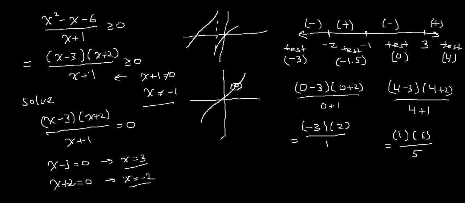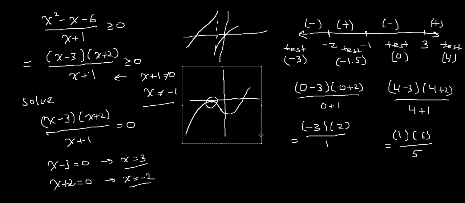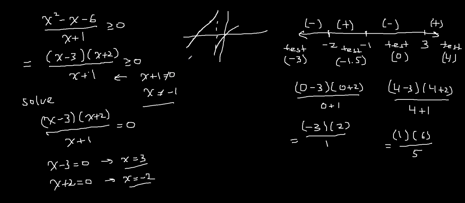Similarly, you may have functions that just touch the x-axis. Here you'll have a 0, but it won't actually change the sign. It'll be negative, 0, and then negative again. So you have to be very careful if you want to skip steps and alternate. I suggest doing test points for every section.